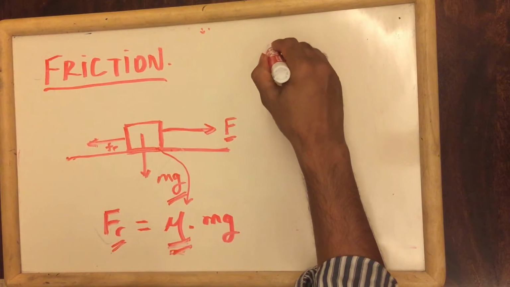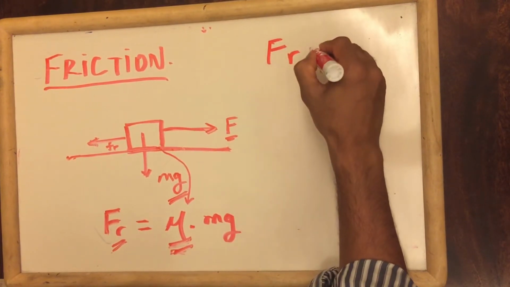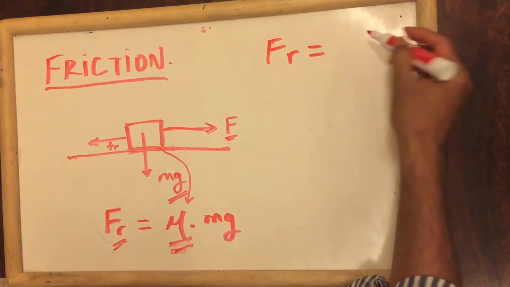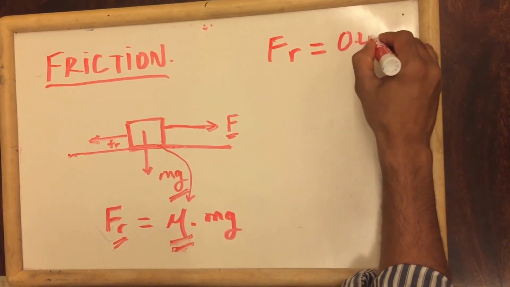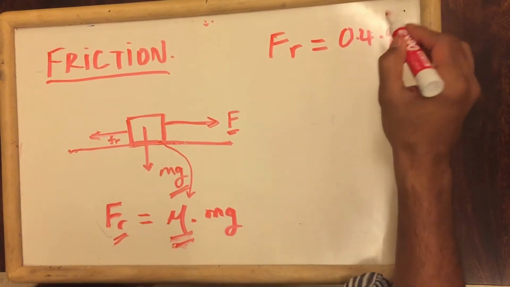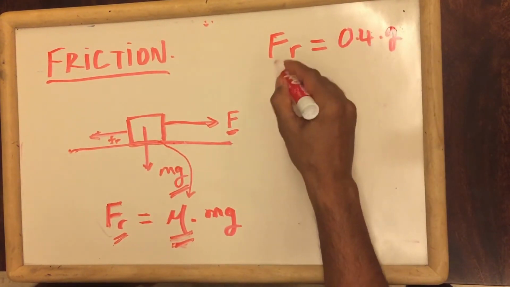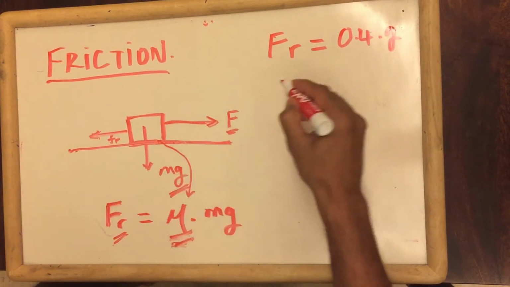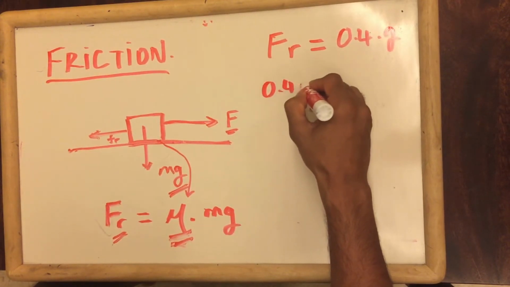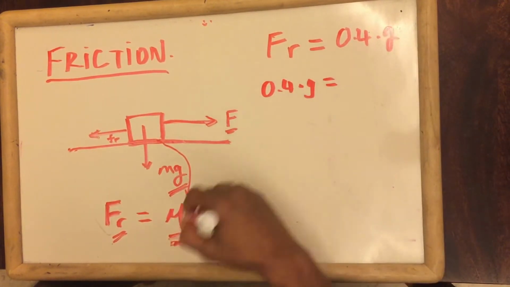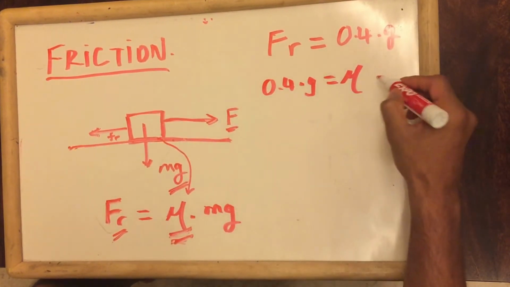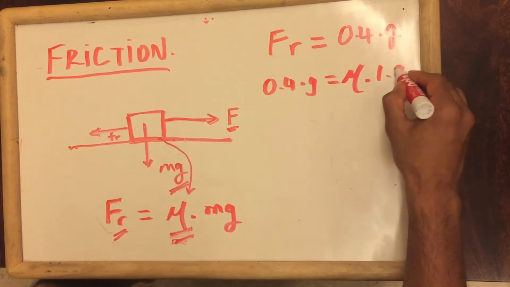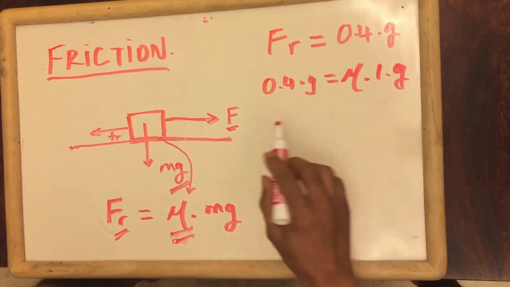The frictional force we found on the green cloth is 400 grams, which I'm going to represent as 0.4 kilograms times g, the gravitational acceleration. Now I'm going to substitute this into the equation: 0.4 times g is equal to the coefficient of static friction multiplied by the mass, which is 1 kilogram, times g.